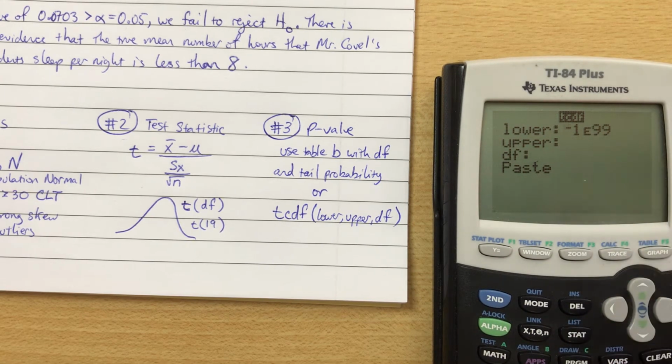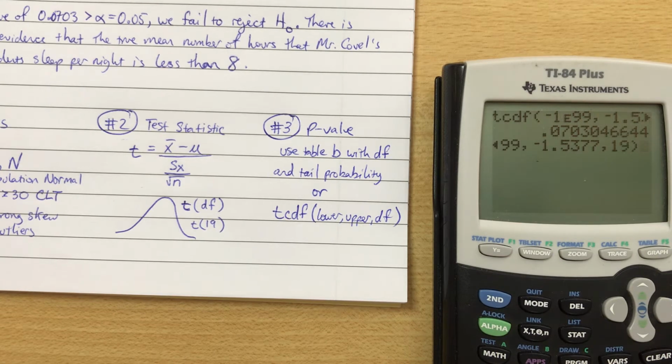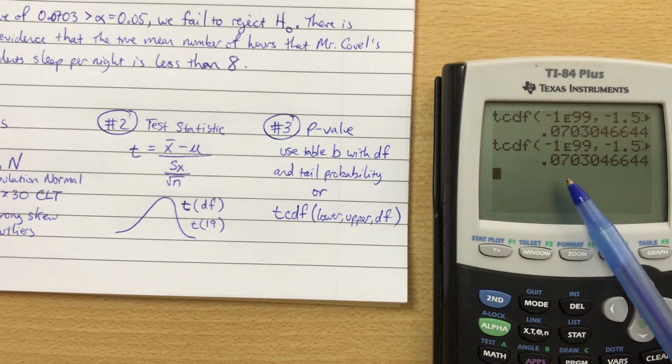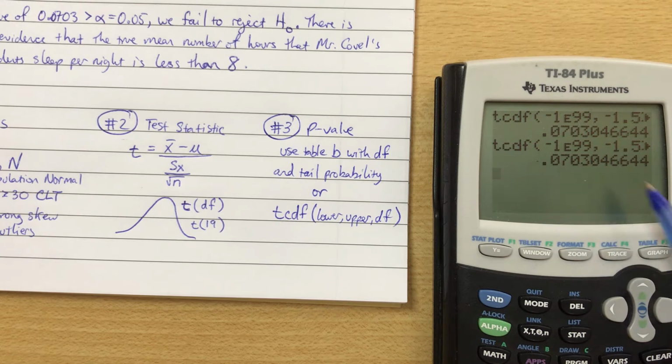Now, lower bound is negative infinity. The upper bound was our t, our statistic, 1.5377. And the degrees of freedom was 19. And there was our 0.0703. Okay, so we had that.